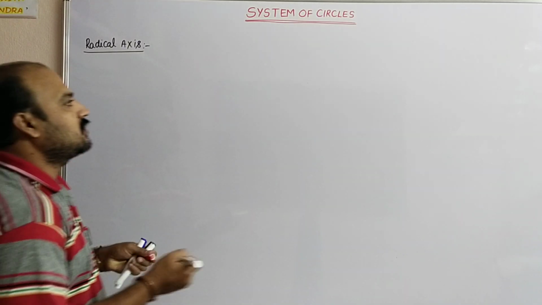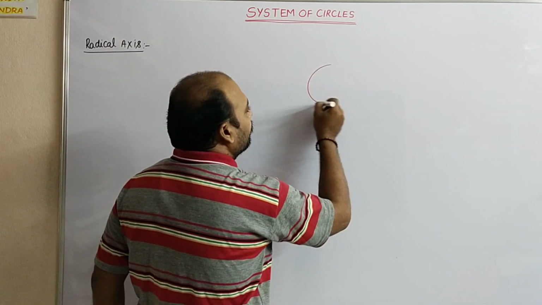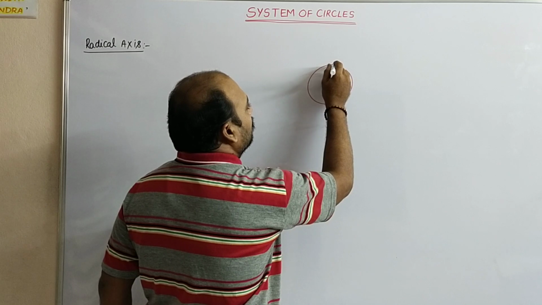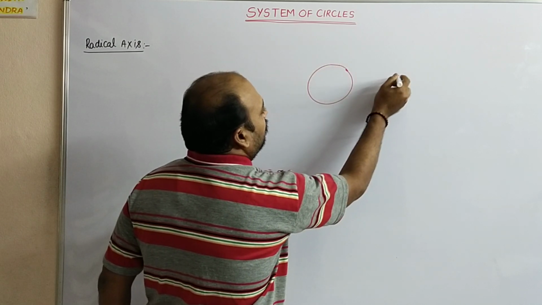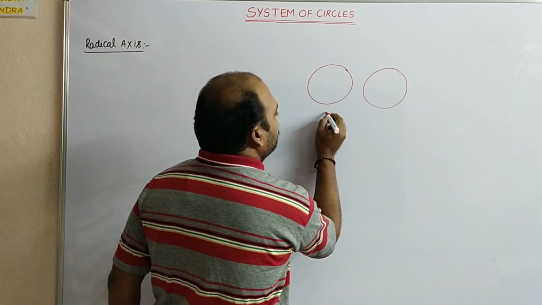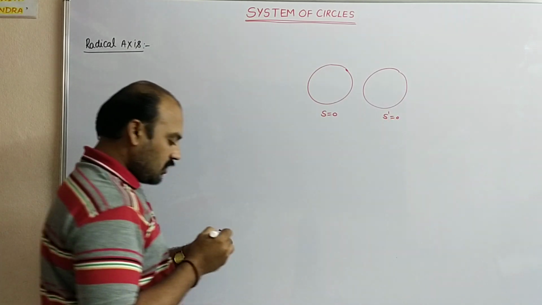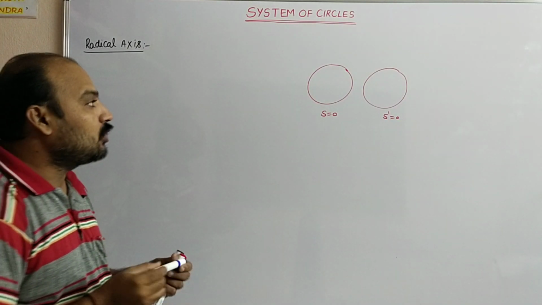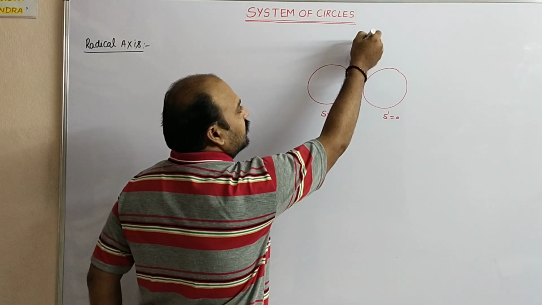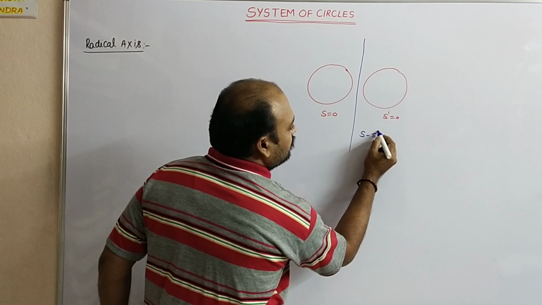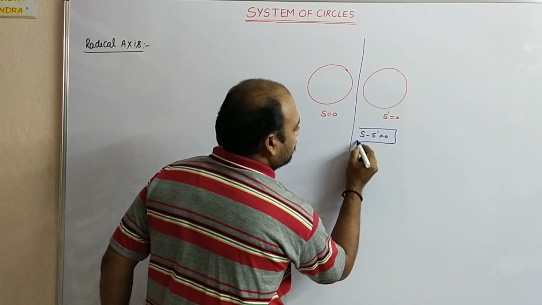In this radical axis, some important points we will discuss. So here, these are the two circles, S equal to 0 and S dash equal to 0. The radical axis of two circles is this one, S minus S dash equal to 0. This is called the radical axis.